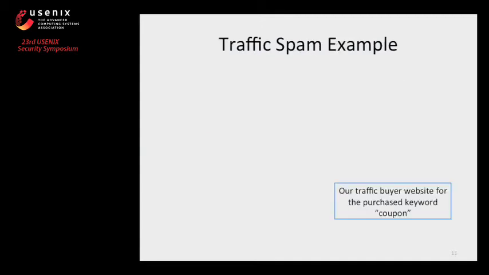Let's take, for example, the traffic spam. For the traffic spam, we ran a traffic purchase campaign and purchased traffic for the keyword coupons. We had captured the full monetization chain for this example.